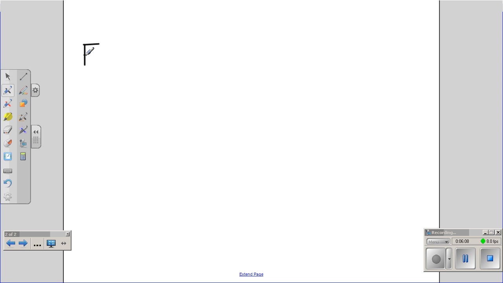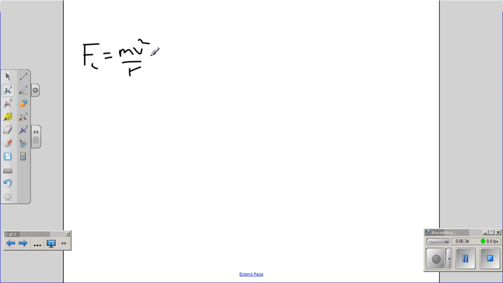Fc, force centripetal, is given by mv squared over r. Now the question is, who plays the role of Fc? We've had many forces. A string could pull and it could be tension that would give us centripetal force, or we could have a car going around a curve where friction would play the centripetal force. In this case, it's due to the charge moving through the magnetic field, so qvB.